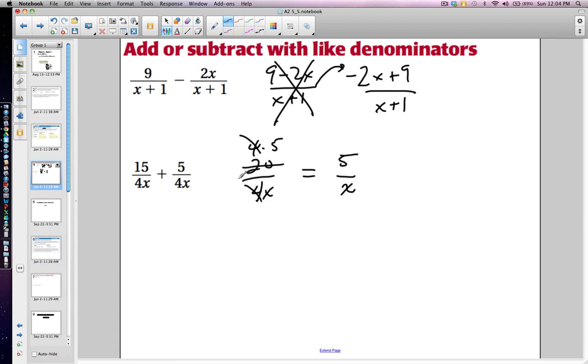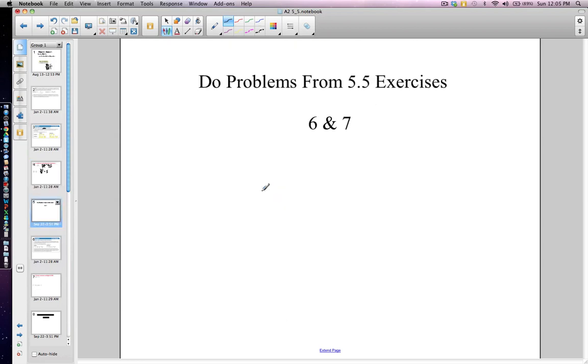Okay, so once you've done the addition or subtraction, you still want to look at whether this fraction is in simplest form. You should have already been doing that with fractions that had integer numerators and denominators. You still have to do that when they have polynomial numerators and denominators. So give that some practice. Go ahead and do problems 6 and 7, and then come back to the lecture.